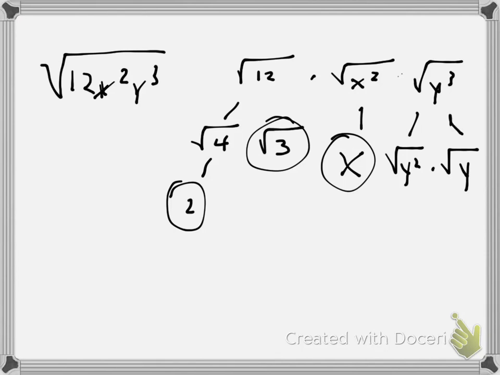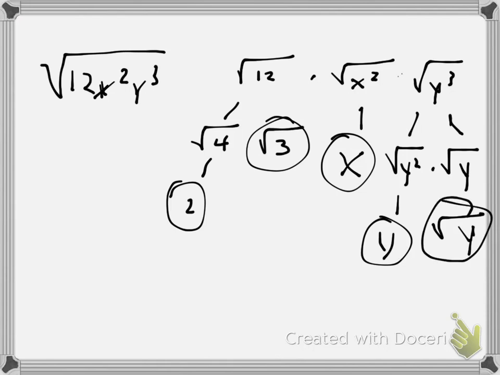So basically what I've done is I pulled a perfect square out of this. That perfect square, the square root of y squared, is just y. And then over here what I have is my square root of y, and the exponent on that y is a 1, so it is not a perfect square. So it's going to remain as it is. So that's going to be my answer as well.